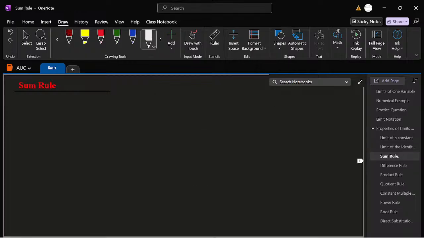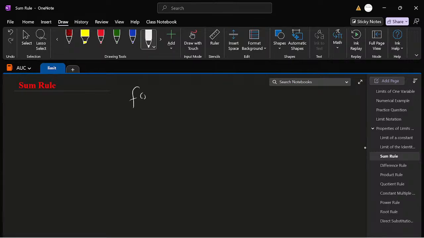So let's look into the limit of a sum. In this case, the function will be something like f of x plus g of x. This can be another letter, so it's not necessarily f of x; I could change this to p, but it doesn't really matter.